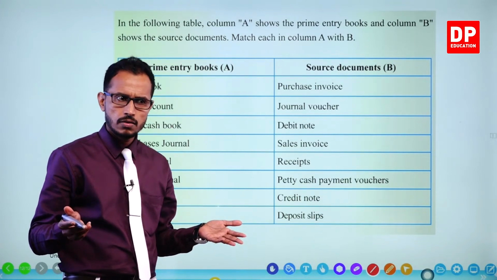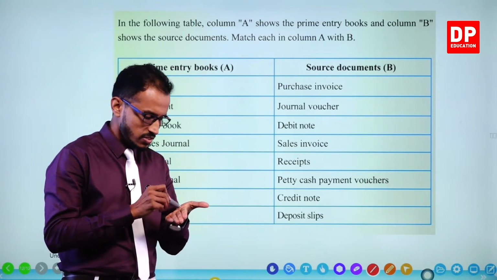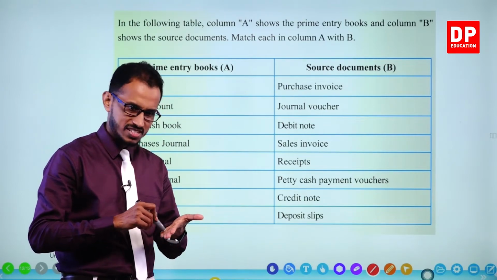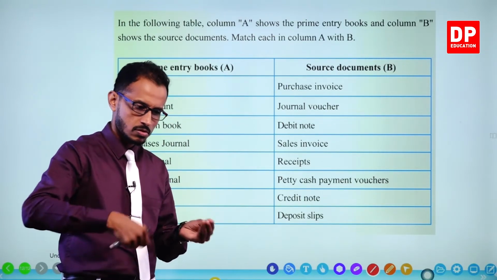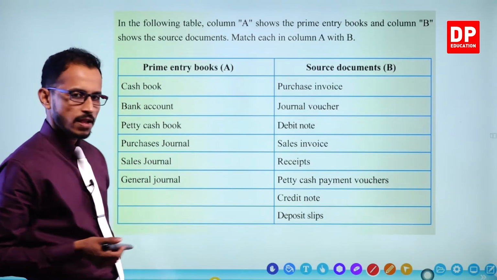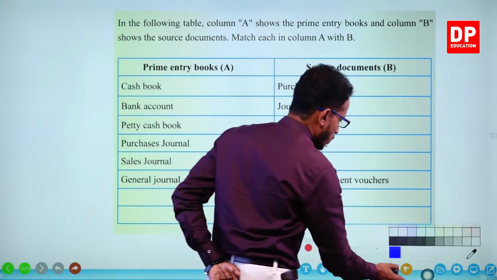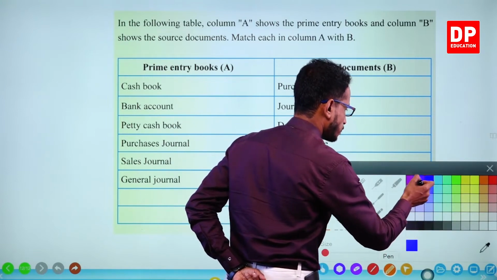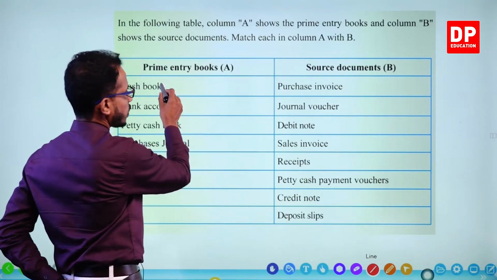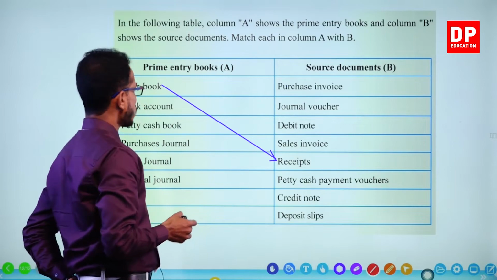Cash receivings go to the cash book, so the receipt must be the relevant document for the cash book. Receipts.